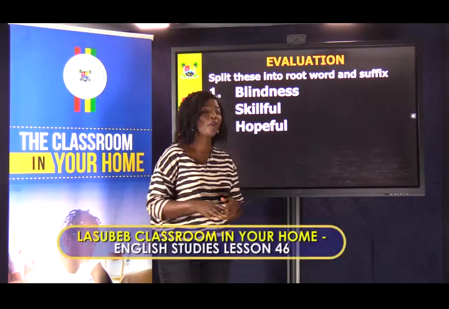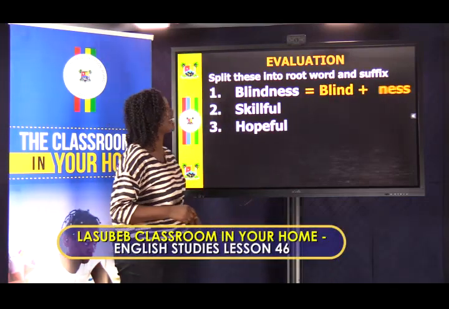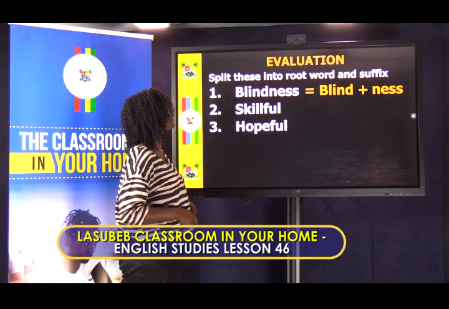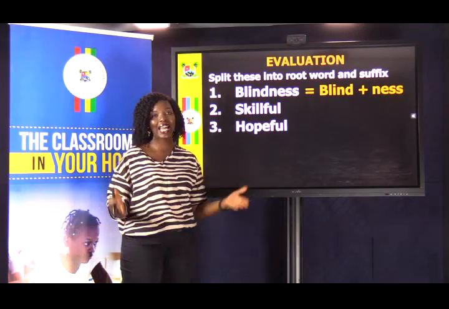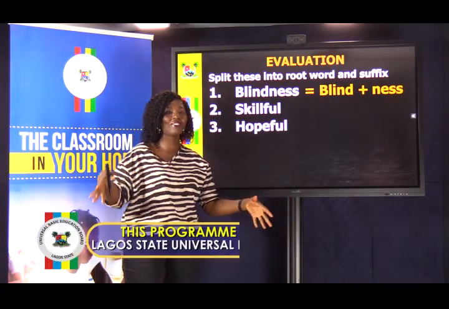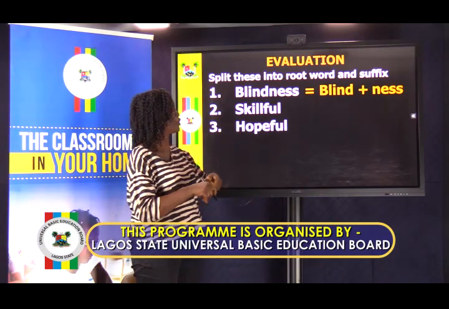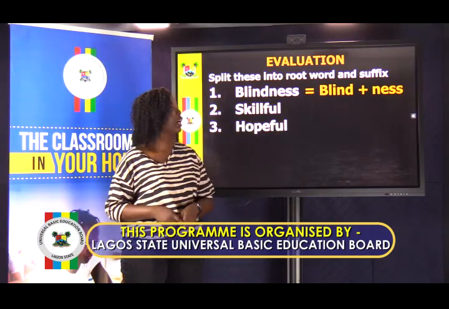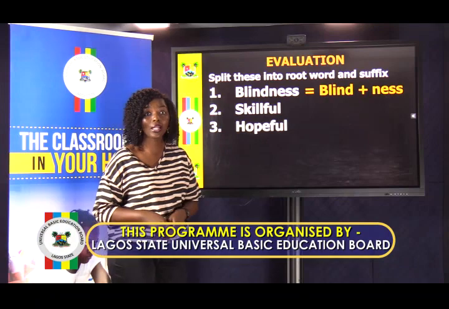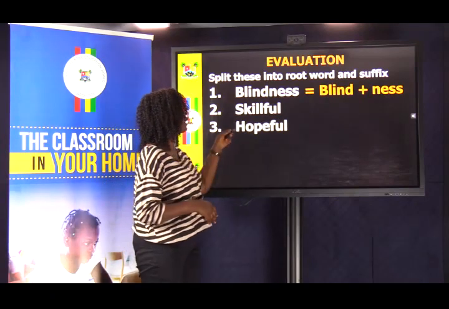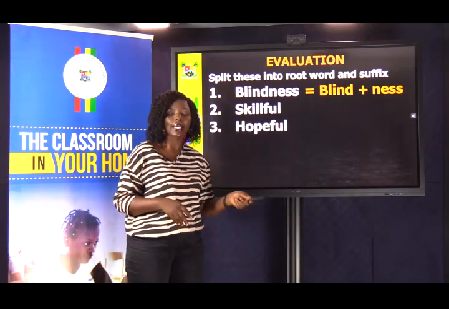Stop. Okay, all right. So the first one, blindness, we have blind and we have ness. Blind is the root word, while ness is the suffix. Skillful.